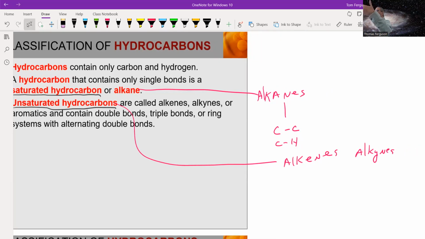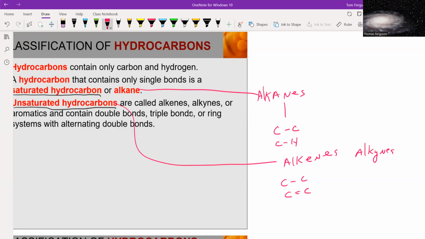Okay, so in this class, the more important class is going to be alkenes. Alkenes are made up of single bonded carbons and double bonded carbons. And they're more unstable than alkanes. So frequently, if you have an alkene, it's susceptible to reactions, degradation reactions, much more so than an alkane.